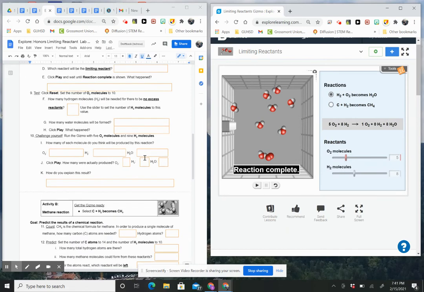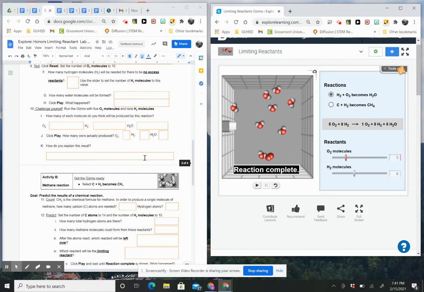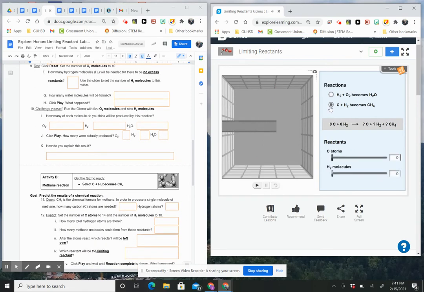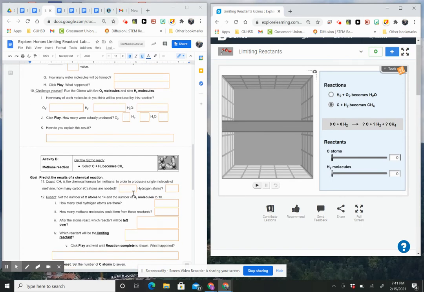So you're going to do this with the water simulation, and then you're going to move on to carbon and hydrogen becomes CH4. So you're going to have carbon and H2 becomes CH4, and you're going to adjust things again. You're going to have 14 carbon and 10 H2. So again, you adjust that this way.